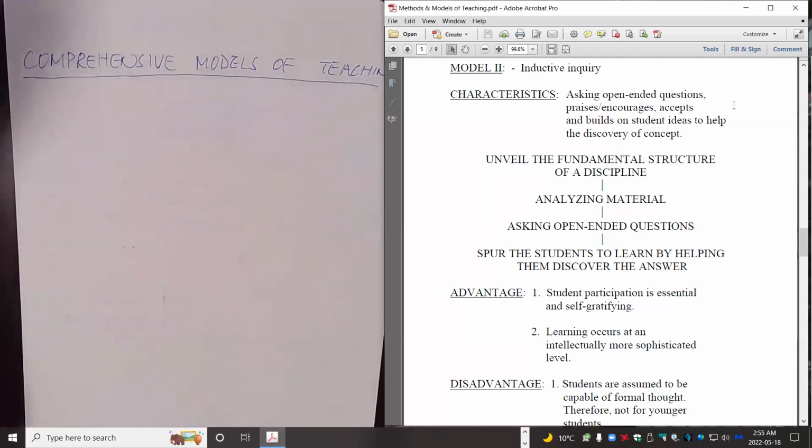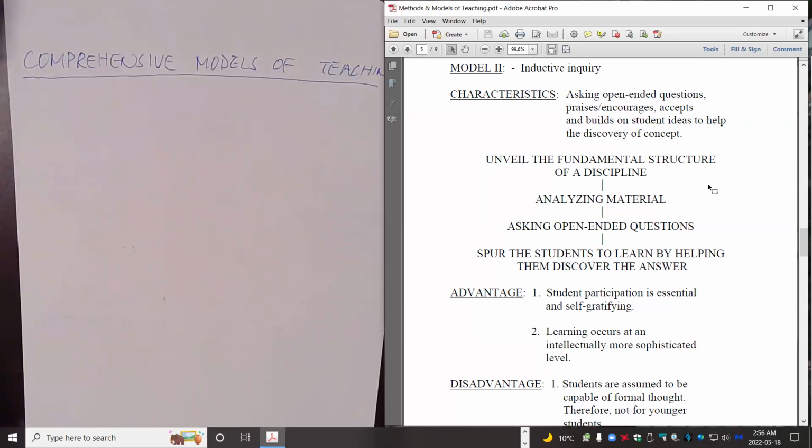So the teacher's role here is to unveil the fundamental structure of a discipline. The idea here is to teach concepts or the process of inquiry, not facts. So here is using Flanders' indirect influence, indirect approach, right?